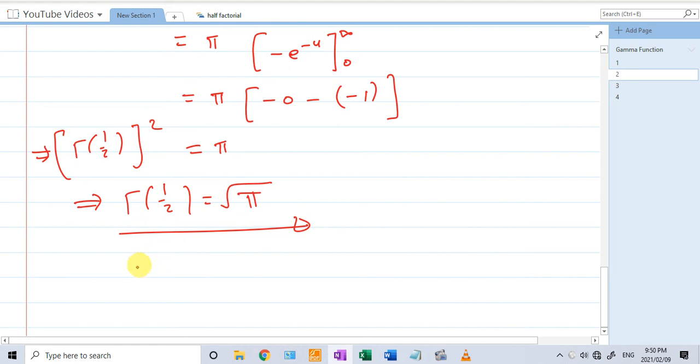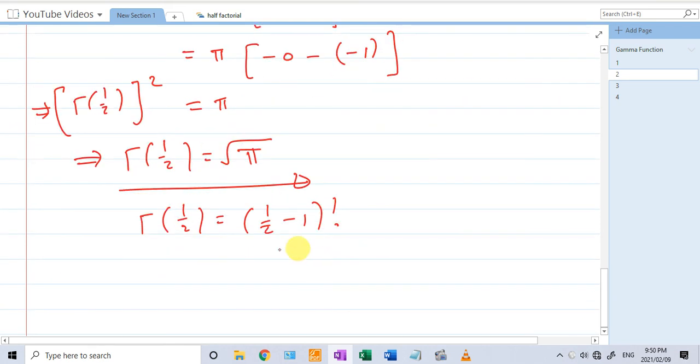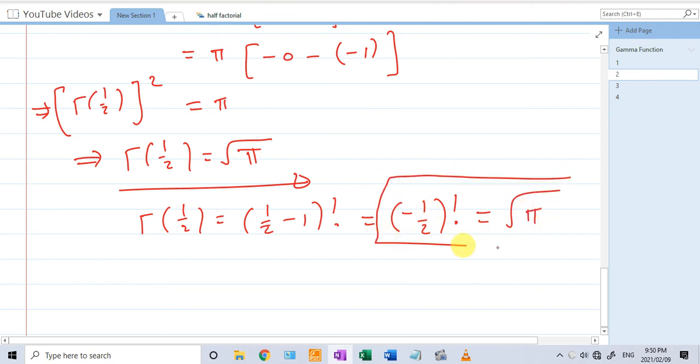Now using the properties of gamma, remember, gamma half is the same thing as saying half minus 1 factorial. We have proved this result, which implies that minus half factorial is equal to square root of pi, and there we have our result.